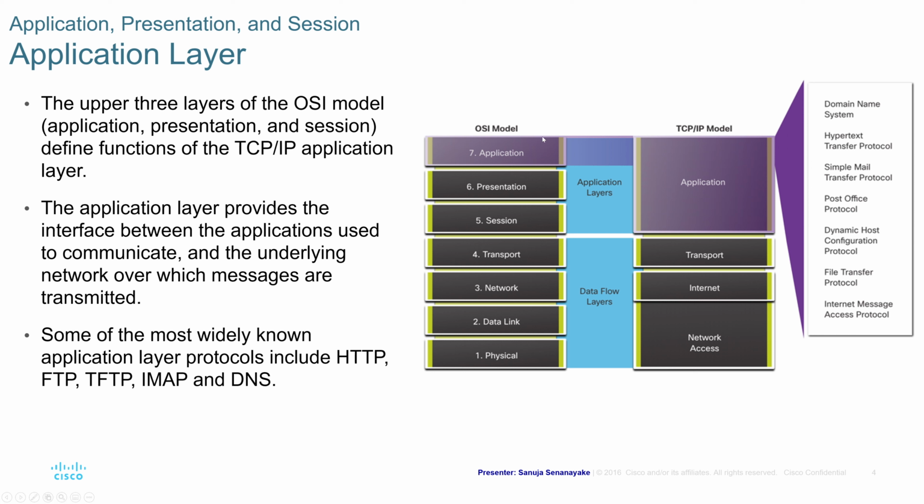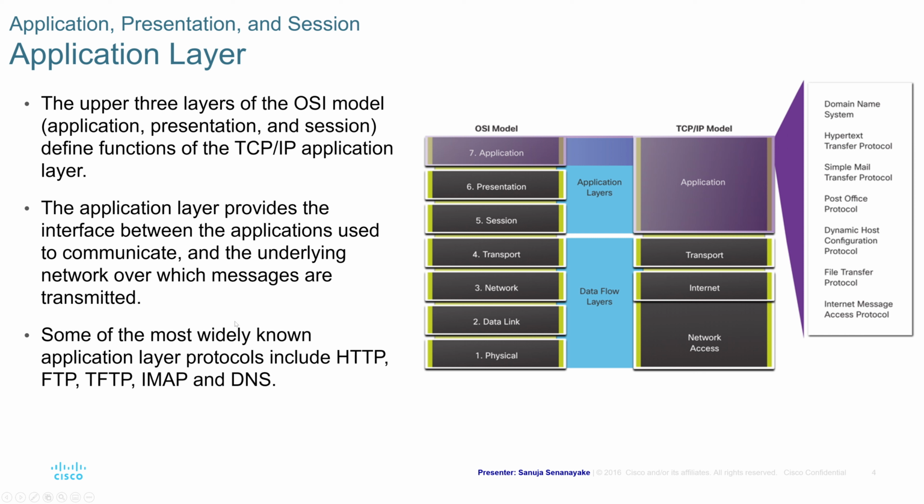So if you look at the right hand side of this window, you have the TCP/IP model on the right and the OSI model on the left. And on the TCP/IP model, the application layer, which sits on top of the transport layer, covers the application, presentation, and session layers, which sit on top of the transport layer on the OSI model.